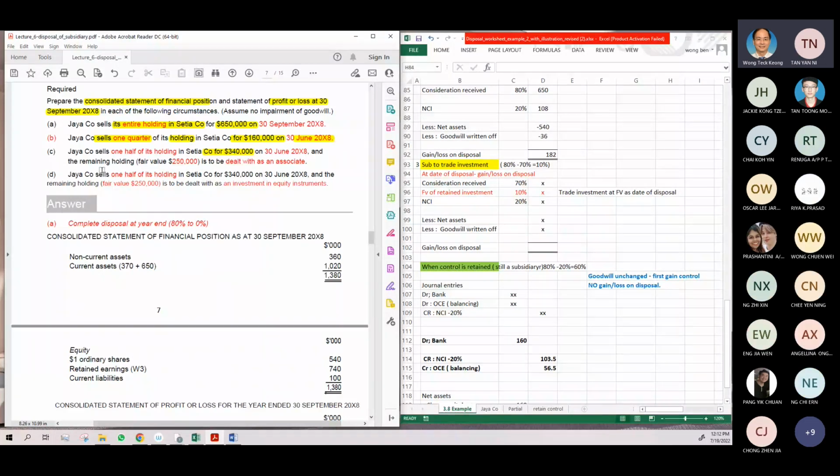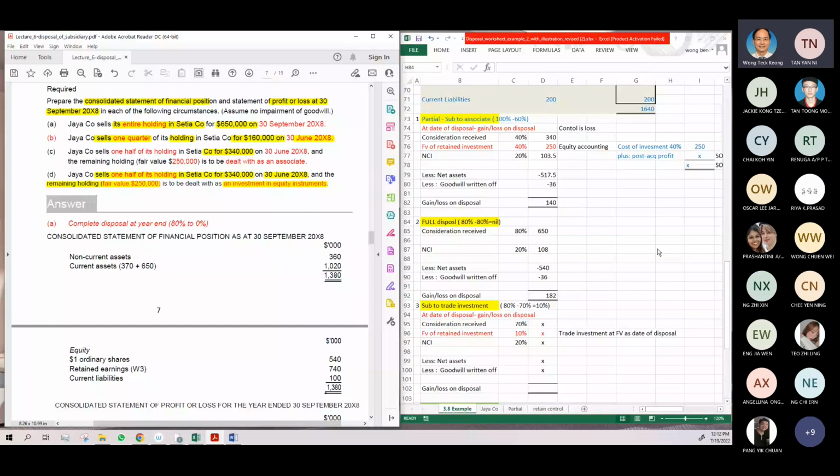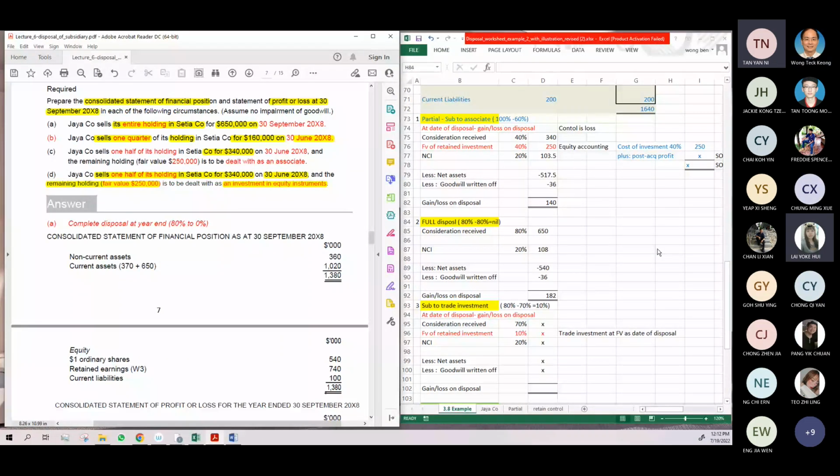Part D here: we sell 1/2 of the holding today for 340 on 30th June, and the remaining holding is 250, but this one is treated as an equity investment. So is this retain control or lose control? Part D. Retain control or lose control? Why retain?